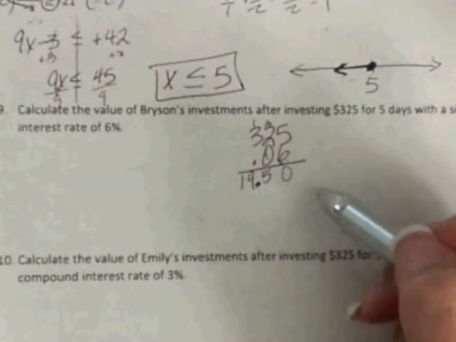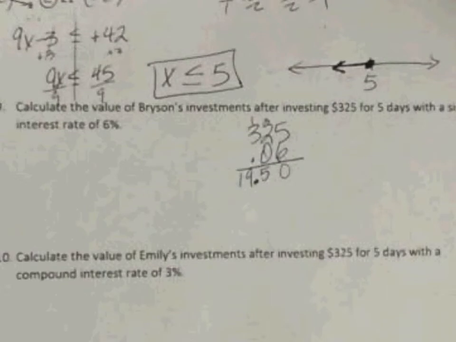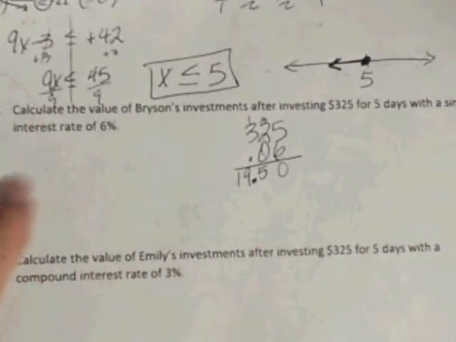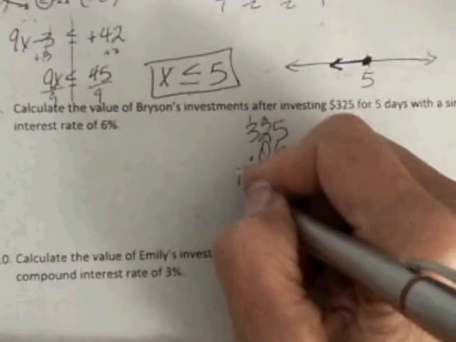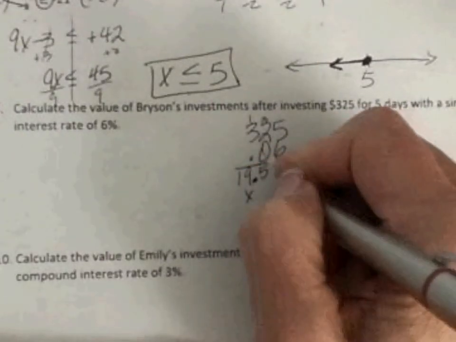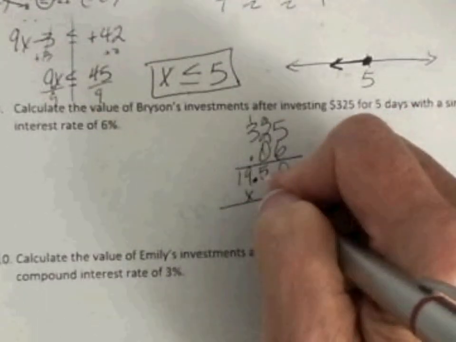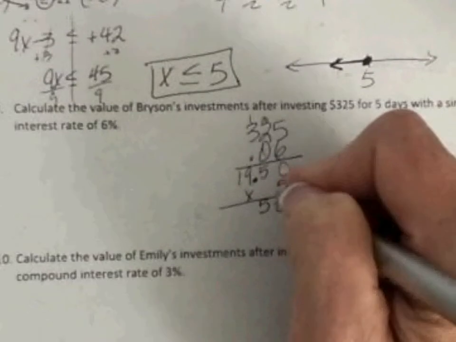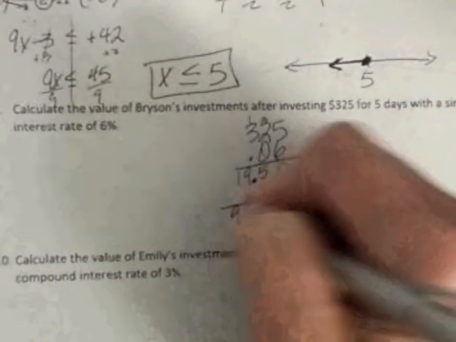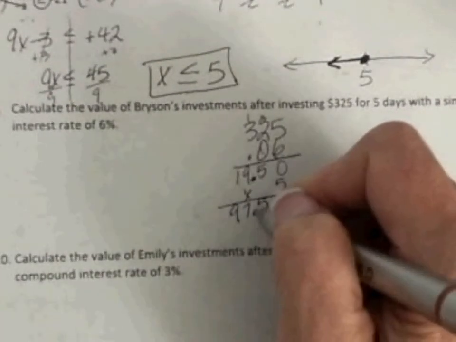So remember, with simple interest, you only get interest on the principal. So what we earn here does not add back in to our principal of $325. So for 1 day, we earn $19.50. We wanted to know how much it is for 5 days. Well, I just multiply by 5, put my decimals.